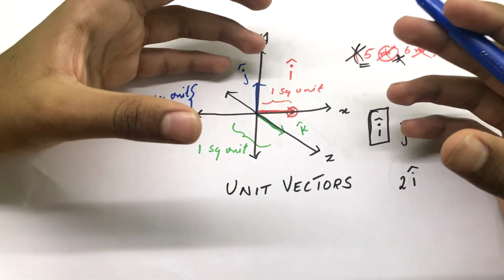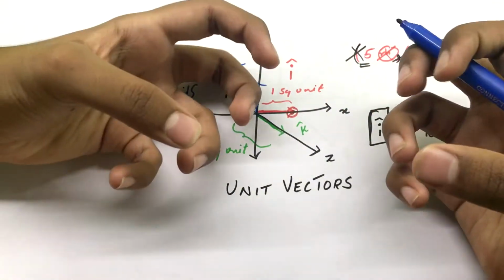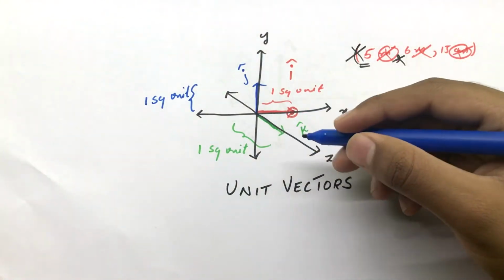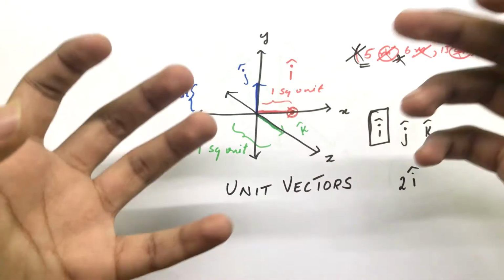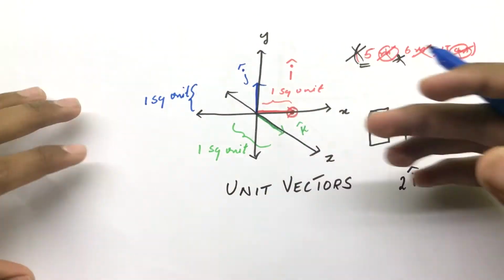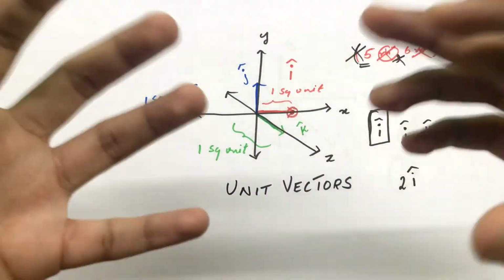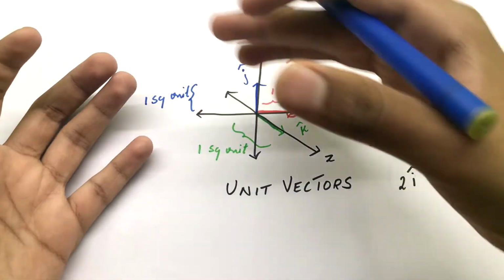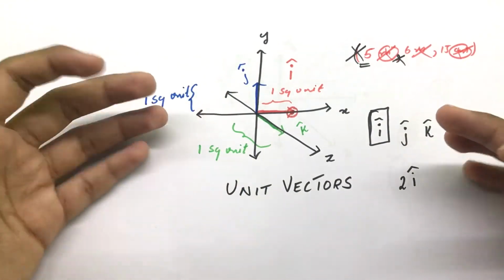A unit vector has magnitude 1 and carries only direction along with it. It carries the data of direction. Like k cap carries the data that the vector is along z. j cap carries the data that the vector is along y. So with these 3 vectors, we just multiply random numbers to them and we get different vectors along the respective axis. So now this is the basic way in which we represent vectors in physics.